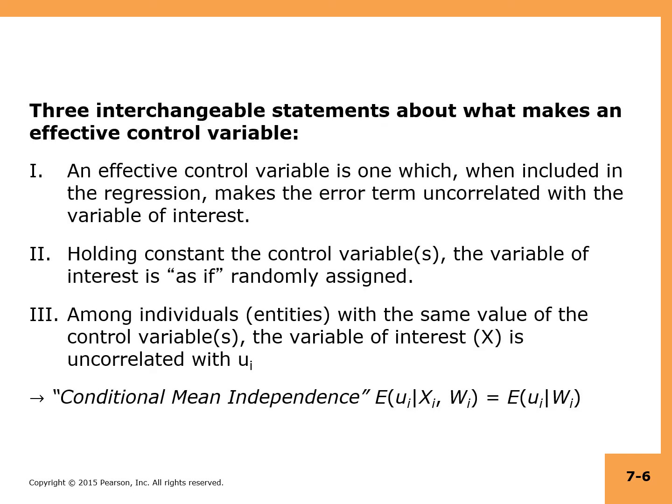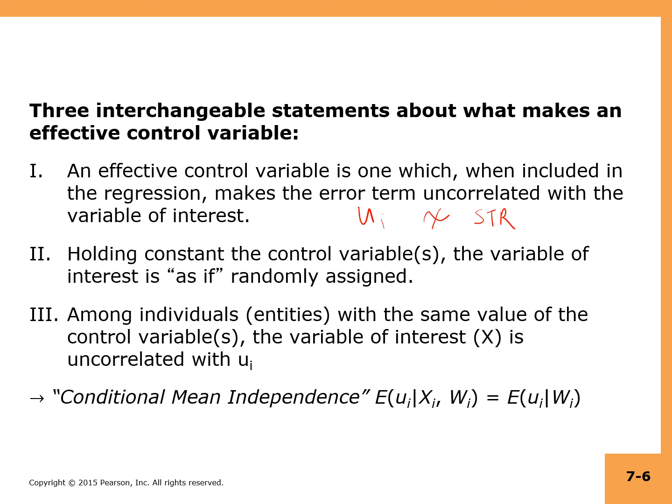So there are 3 interchangeable statements about what makes an effective control variable. An effective control variable is one which, when included in the regression, makes the error term, in this case ui, uncorrelated with the variable of interest, in our case, the student-to-teacher ratio. In other words, once the control variables are included, the error term and the variable of interest are no longer correlated.